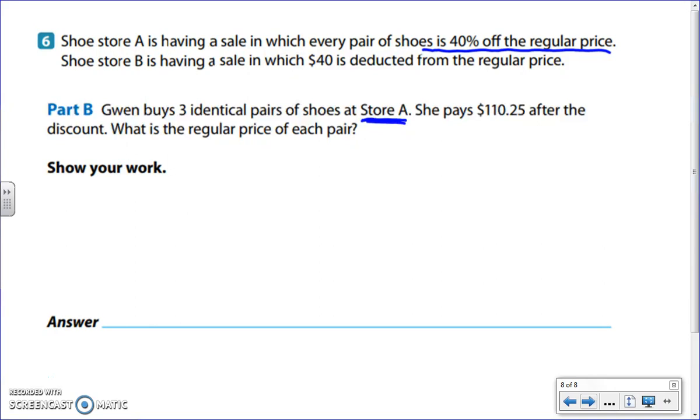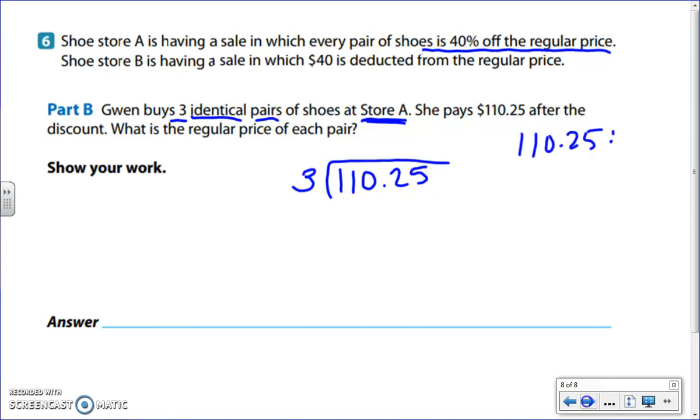Okay, so a few things. If she's buying identical pairs of shoes, like it says in the first part here, then I know that each pair of shoes is going to be the same amount of money. So before anything, I'm going to divide 110.25 by 3 so that I can figure out how much she paid for one pair of shoes. You can think of that as a ratio if you would like. That's how much it cost for 3 pairs, so if I divide by 3, I can figure out how much it costs for one pair.